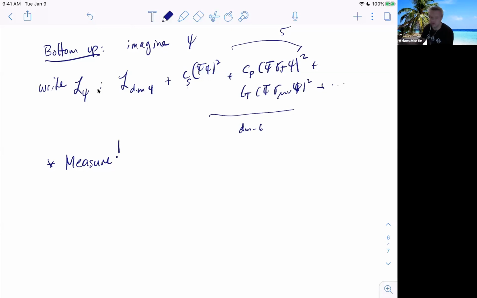Take angular differences, stuff that you've learned about in Professor Shufang's lecture. You would have to do a bunch of measurements. There's 5 different things, so I've got to do 5 different independent measurements. But theoretically, I can go do it. And once I have all those coefficients measured, I can calculate to my heart's content in the EFT.